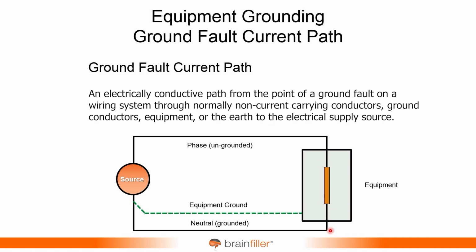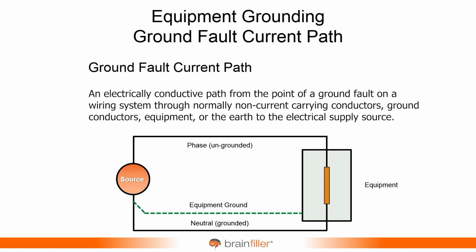And then coming out here, this is the neutral conductor, the grounded conductor as the code calls it. The purpose of the equipment grounding conductor is to make a connection from non-current carrying metal back to the source neutral. That's what it's all about. Back to the source neutral.